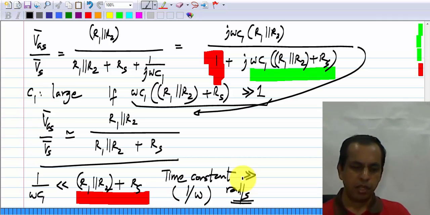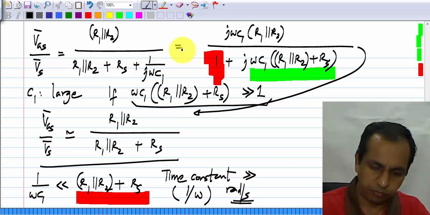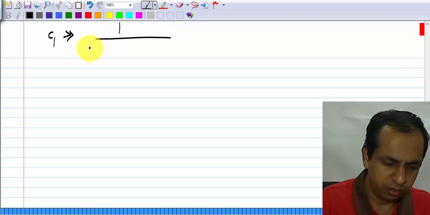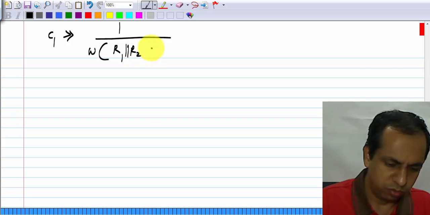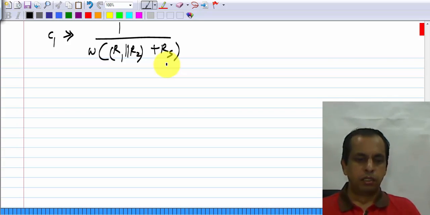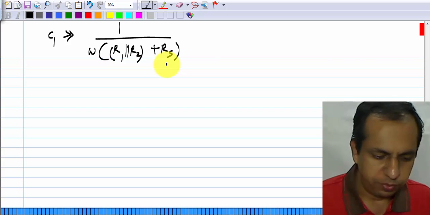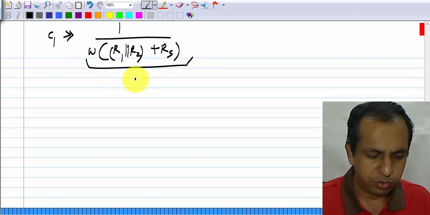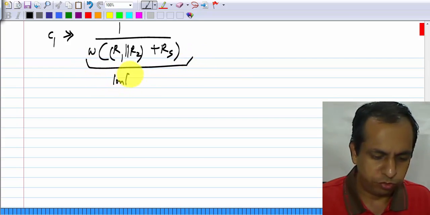In practice, what is done is we have an inequality, that is C1 much greater than 1 by omega times R1 parallel R2 plus Rs. So, what is the actual value that you choose for C1? Let us say you evaluate this expression and this comes out to 10 nanofarads.